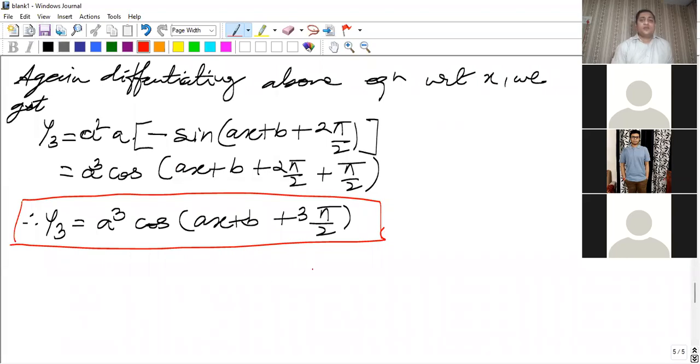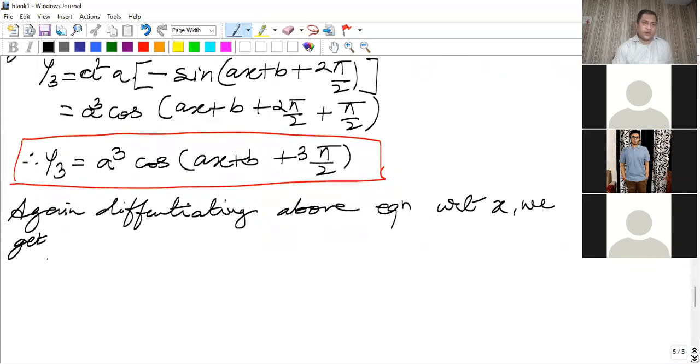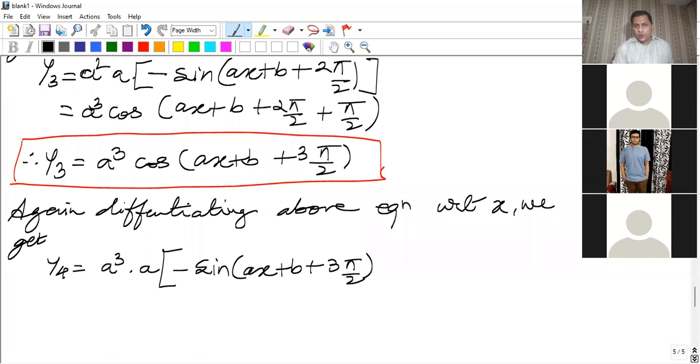Now we have to go to the next. So we go for a differentiation again. Differentiating the above equation with respect to x, we get y4 is equal to a cube remains as it is. Again we have a, again we have minus sine of ax plus b plus 3 pi by 2.